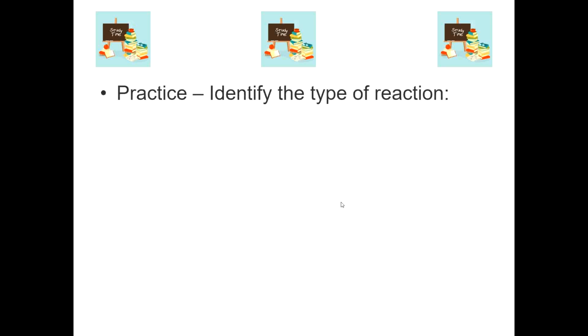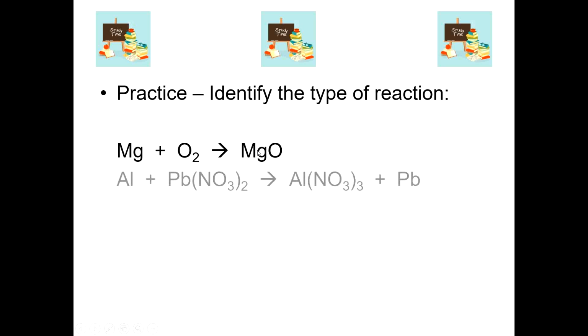So for this next slide, we're going to practice identifying these types of reactions. In this first example, you can see that there are two reactants and one product. So that is an example of a synthesis reaction. In our second example, the dead giveaway here is that aluminum is single on the left side, lead is single on the right side.